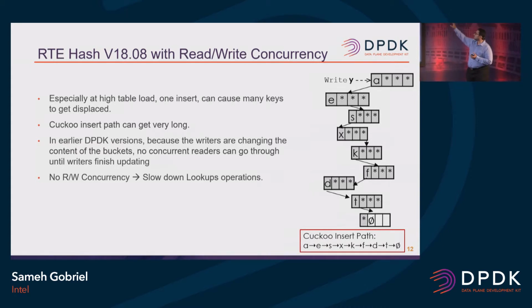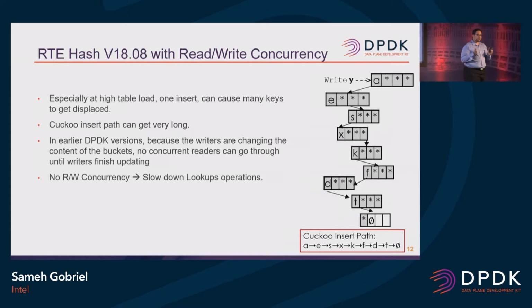So think about a path where a key is inserted in the table, and it has to push another key, and the other key has to push another, and so on. So you can have a very long insertion path of keys moving around in the table until you finally insert your key.